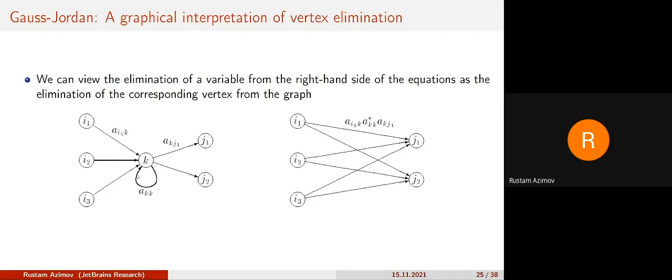So we must compute the transitive closure of the element, and multiply it by the other two weights of the arcs. Here we eliminate the vertex and have some new arcs with complex weights.